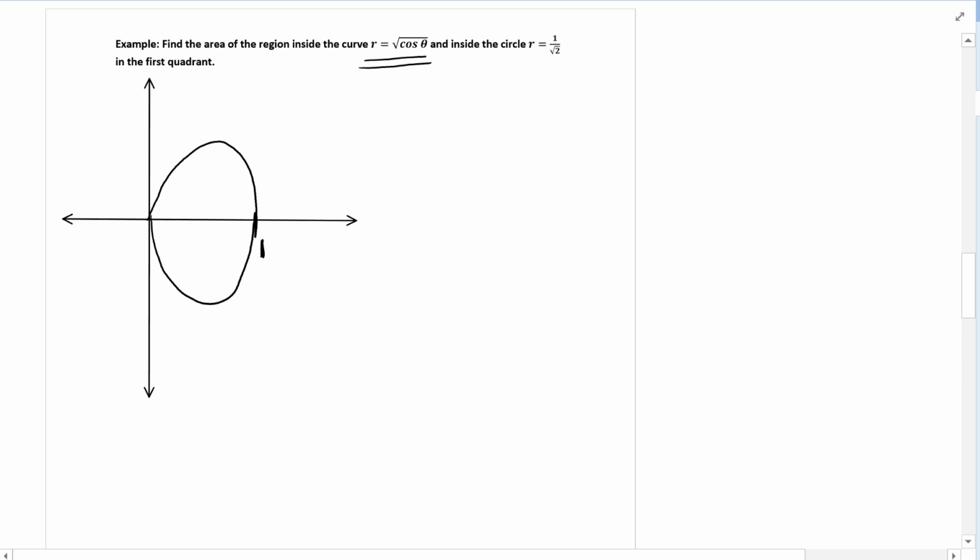Now this circle r equals 1 over square root of 2 is x squared plus y squared equals 1 over 2. So basically it's a circle with radius square root of 2 over 2, right? One over square root of 2 is square root of 2 over 2, which is approximately 0.7.